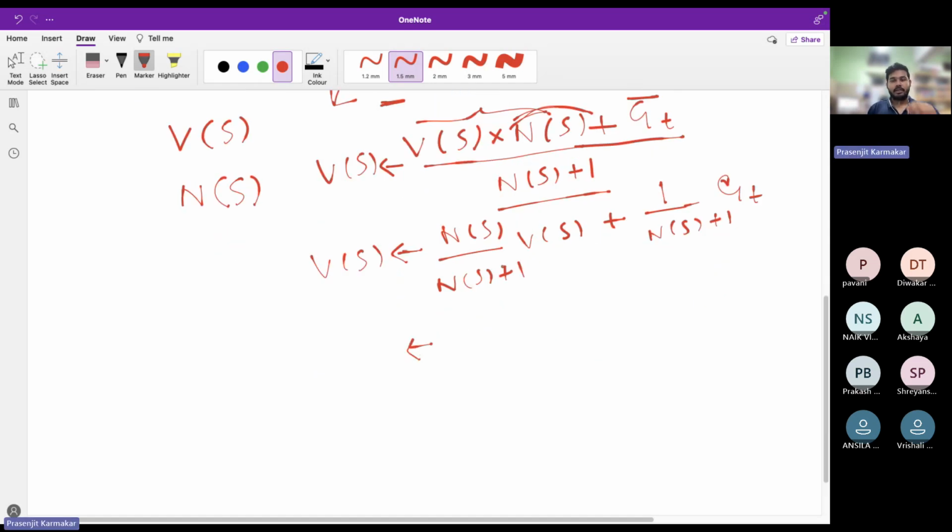Now you do some math. You write N(s) plus 1 minus 1, divided by N(s) plus 1. The numerator is the same, I'm just adding plus 1 minus 1. V(s) plus 1 over N(s) plus 1 times G_t.